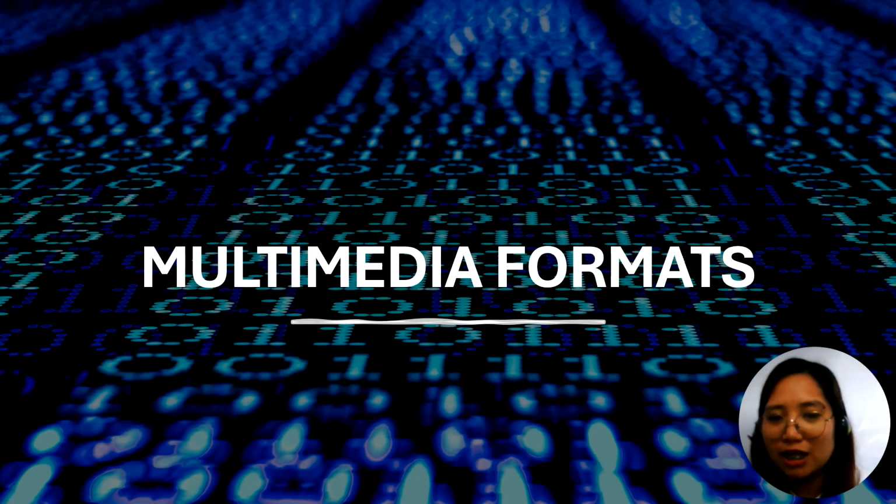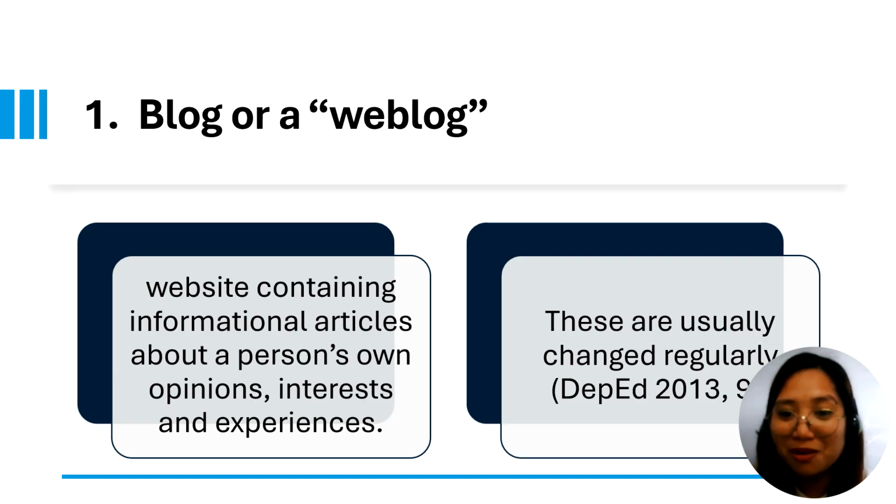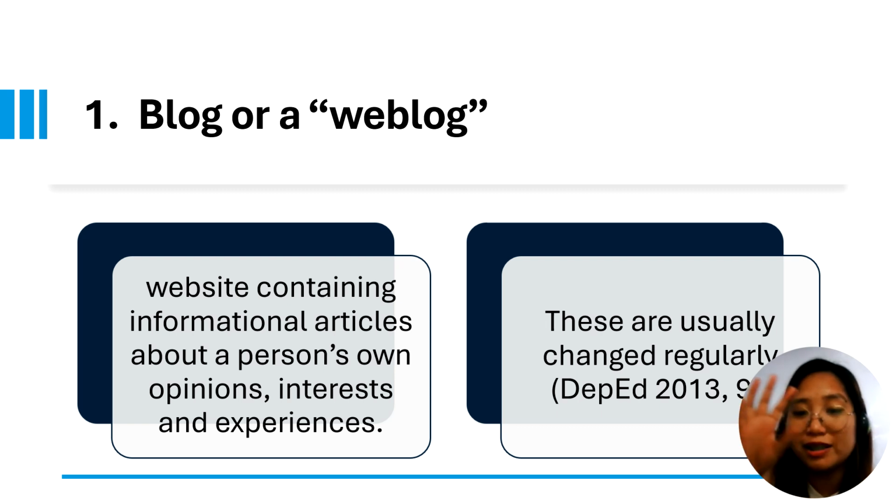So, because of this, we have the following multimedia formats in order to present our literary text and literary genres. And first of that, which is also a literary genre itself, is the blog or weblog. So this is a website containing informational articles that I also have presented before from our week 4 lesson. So it's about the person's own opinion, interest, and experiences.